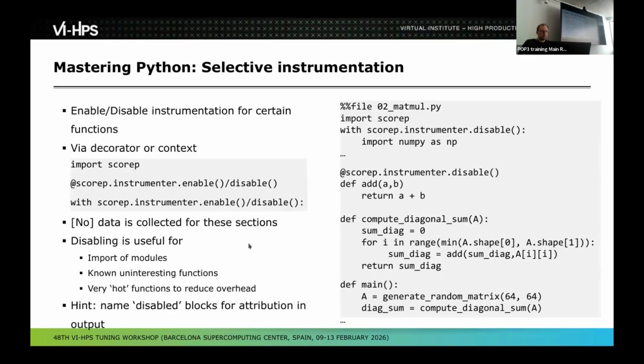Disabling is generally also useful for imports of modules and general uninteresting functions, and reduces the overhead. It's the general principle we are using for instrumenting and filtering in general.